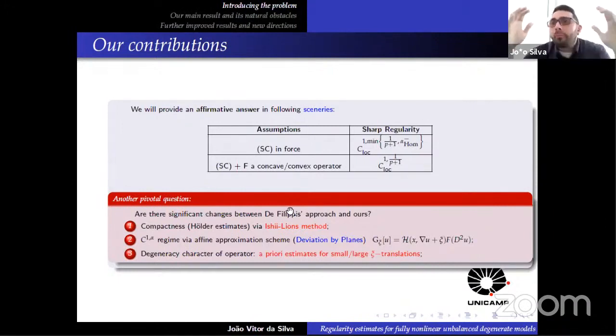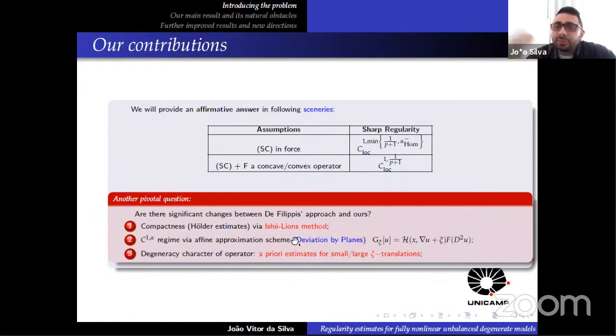When you compare our approach with De Filippis's approach, we have three significant differences. In De Filippis's approach, she used compactness coming from the Cauchy-Young method. We can use, for example, compactness coming from the Harnack inequality and Hölder regularity. The C^{1,α} regime in De Filippis's appears in a fine approximation scheme.